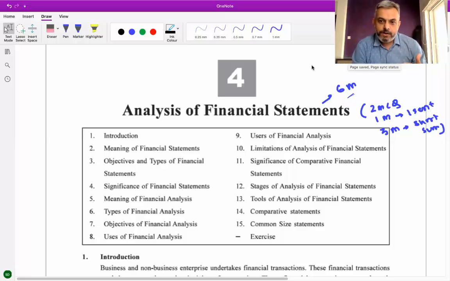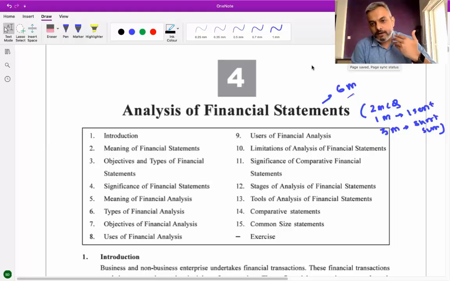So what we do is we go to the next part of this, that is analysis of a financial statement, that you have a financial statement in front of you. Now, how would you read that? How would you analyze that? What can you make out of that financial statement is what we are going to learn in this chapter.